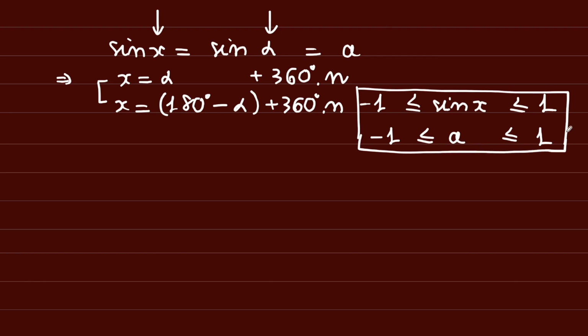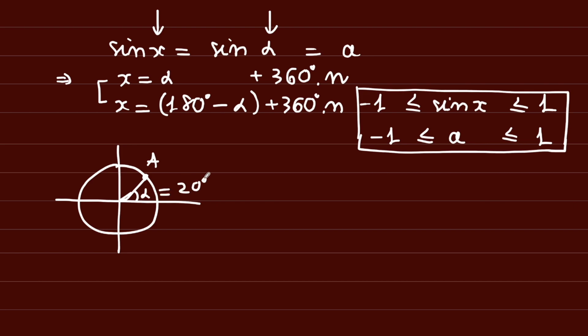Let me make the 360 degrees here clearer. You know about the unit circle, right? If I have the unit circle like this and a point A representing the angle alpha, for example equal to 20 degrees, then when I move point A around this circle for one round, the angle has to be increased by 360 degrees, because one circle or one rotation equals 360 degrees.